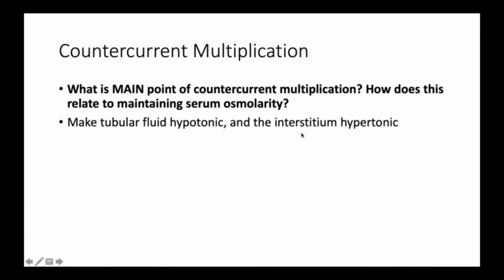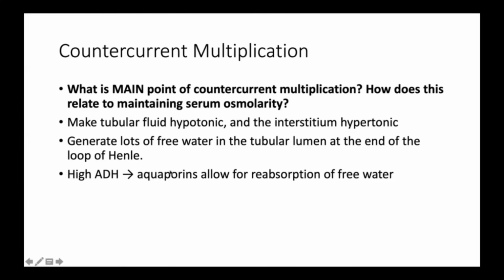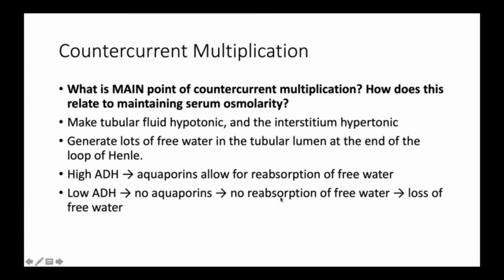So if your serum osmolarity is high, you can absorb a lot of water using this high gradient. Perfect. Yeah, exactly. So the whole point is to make lots of free water in the tubular lumen so that you can reabsorb it if you have high ADH, or not reabsorb it and lose free water if you have low ADH. That's it.